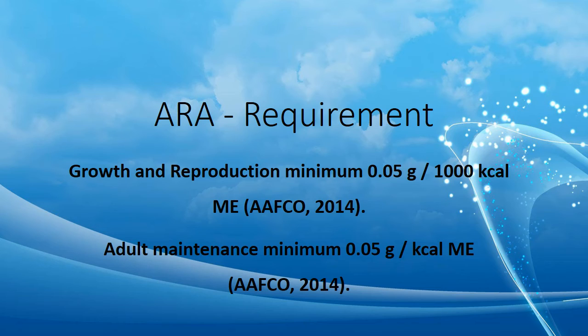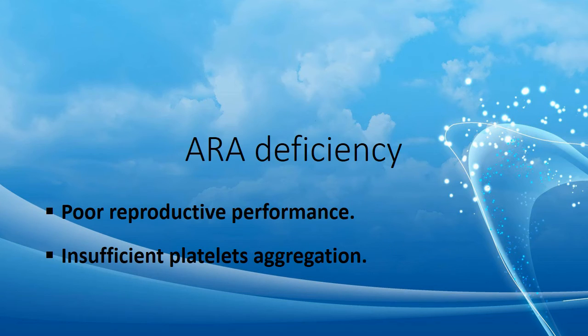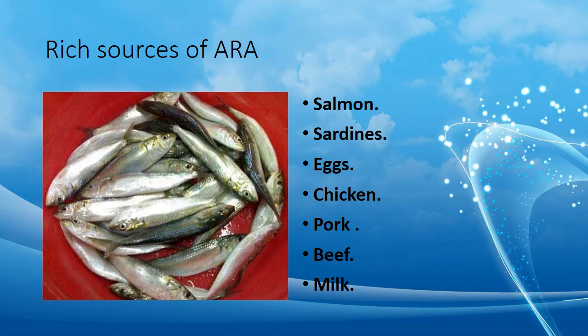For adult cat maintenance, minimum 0.05 gram per 1000 kilocalorie metabolizable energy. Arachidonic acid deficiency in cats may lead to poor reproductive performance and insufficient platelet aggregation. Rich sources of arachidonic acid are salmon, sardine, eggs, chicken, pork, beef and milk.